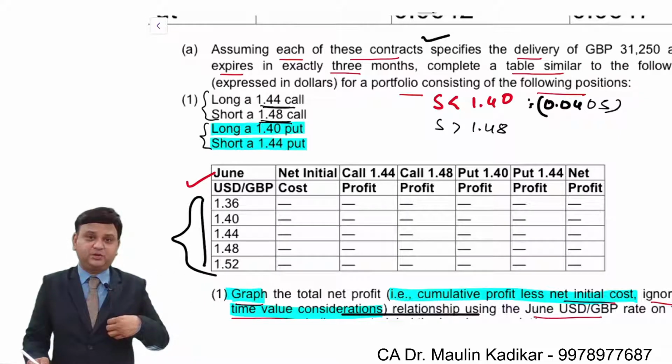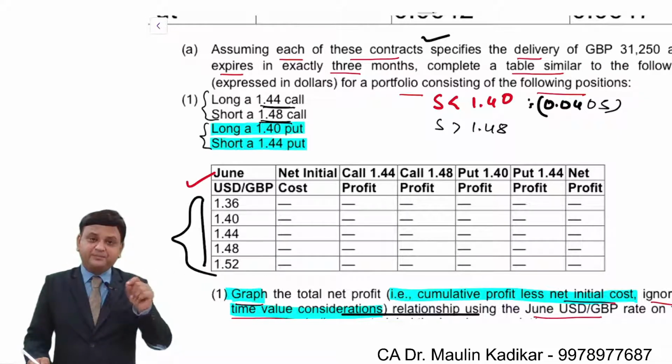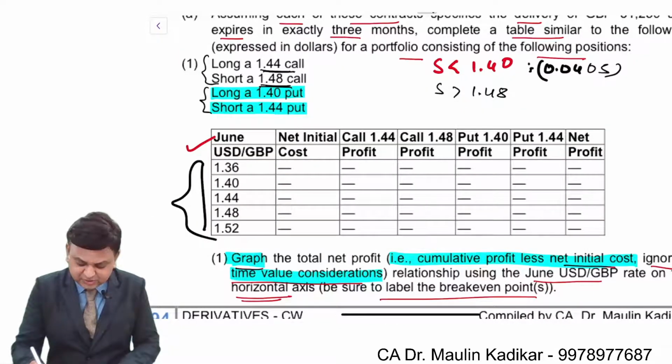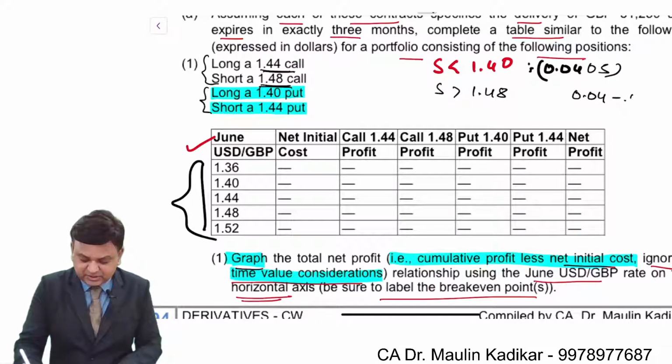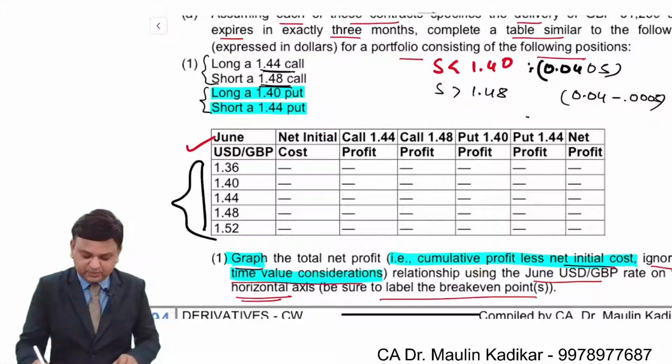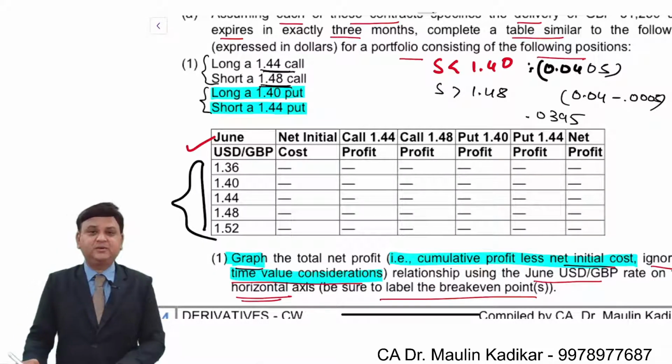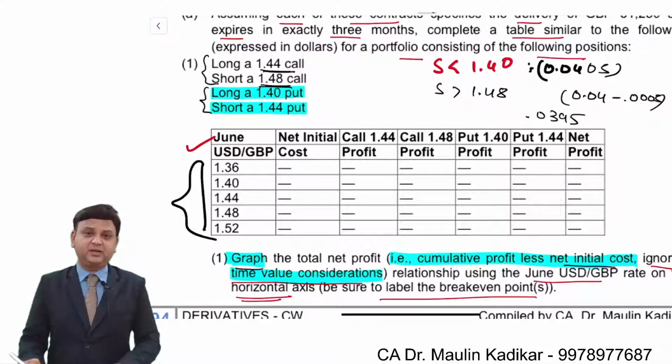So comparatively, you are able to get a positive payoff of 0.04 more. You have made payment of premium 0.0005. So ultimately you make a profit of 0.0395. That is the amount of the profit that you are able to make.